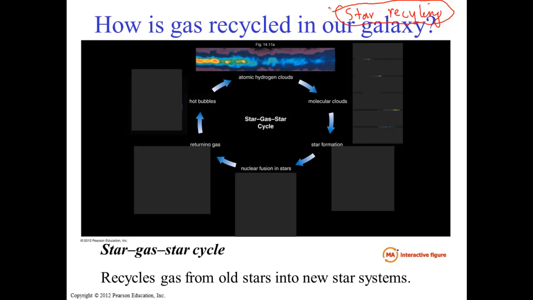First off, to break down further that nebula of stuff that can become stars, there are two versions: hydrogen clouds and molecular clouds. The big difference between these two is that the hydrogen clouds are hotter, and the molecular clouds are cooler.